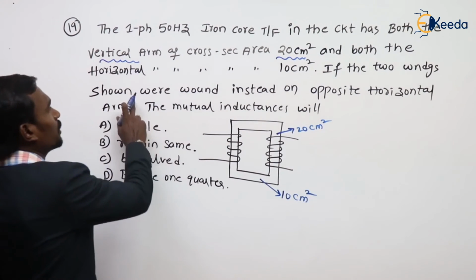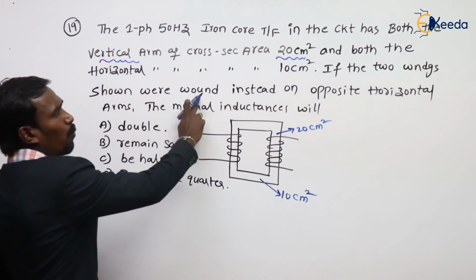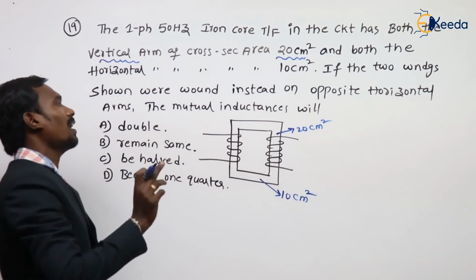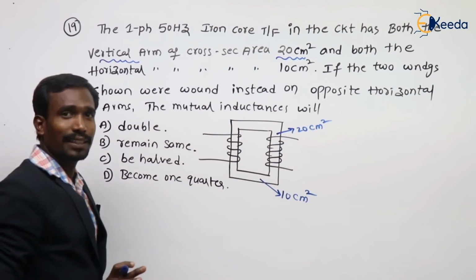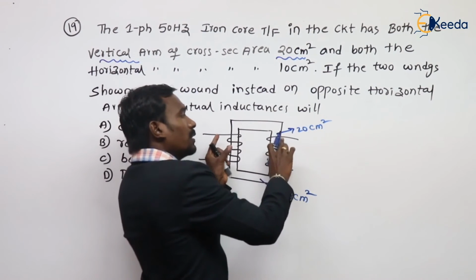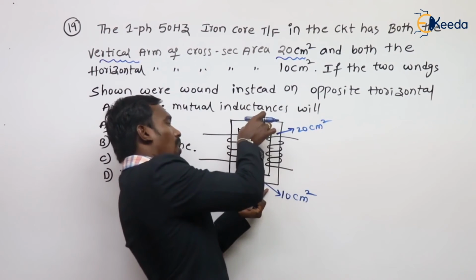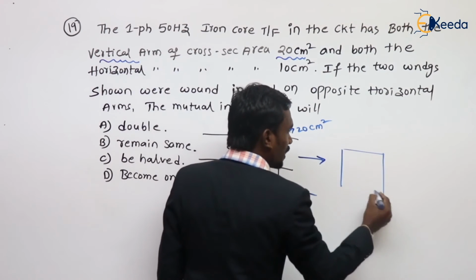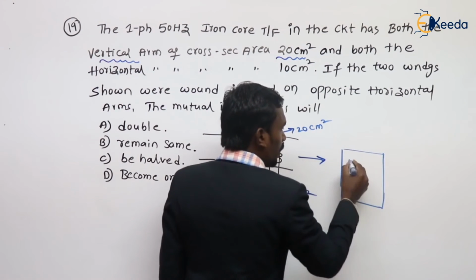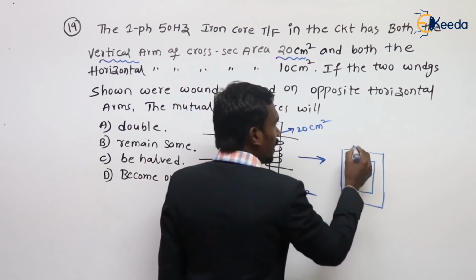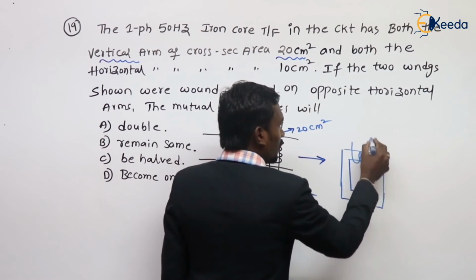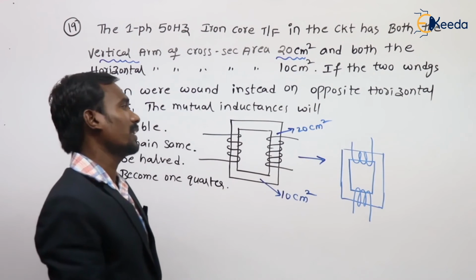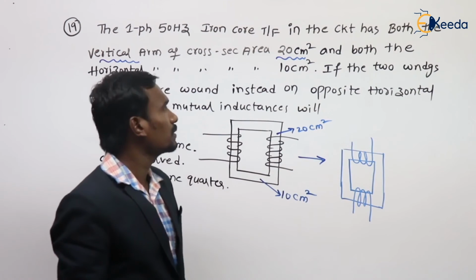If the two windings shown were wound instead on opposite horizontal arms, what are they saying? They are trying to wind these windings on opposite horizontal arms. Nothing but the modified transformer is like this.